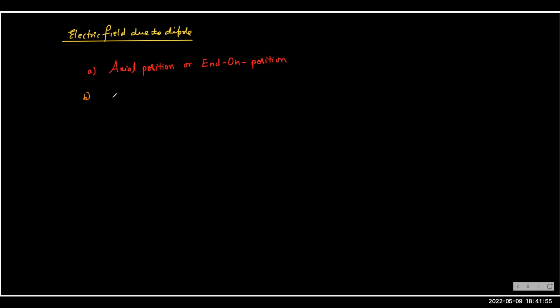Second is called equatorial position, also called broadside on position. And third will be the general position. So we will see these three categories of problem, and we'll develop the idea of dipole.